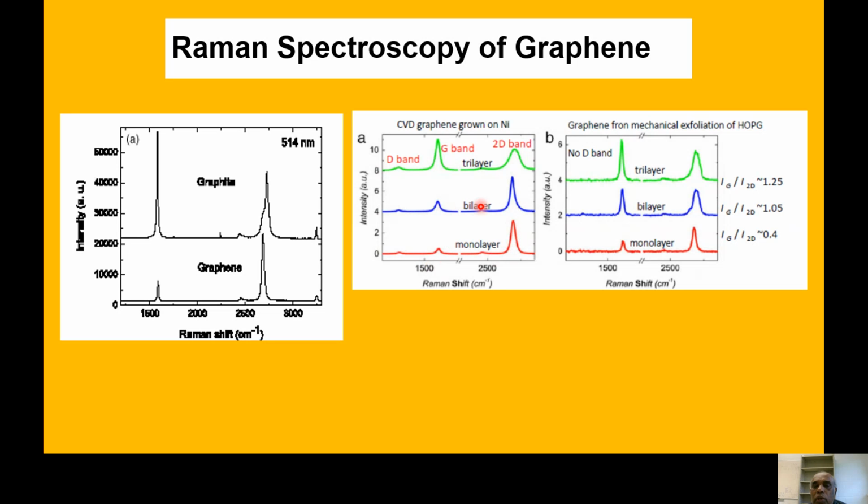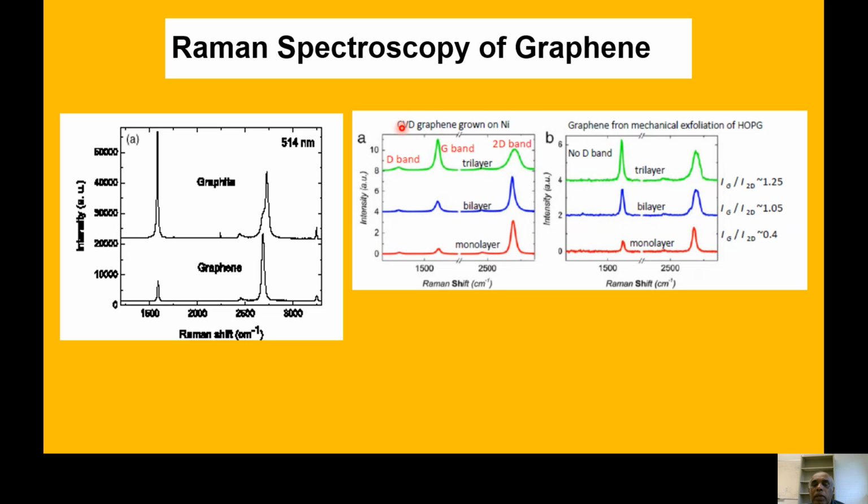If you go to bilayer graphene, the ratio between the 2D band and the G band gets a little bit smaller than the monolayer. If you go to 3 layers or more, the D band, the disorder band, also grows, and the 2D to G ratio gets smaller.